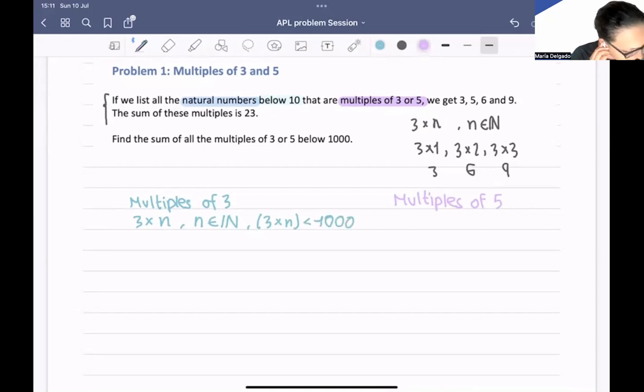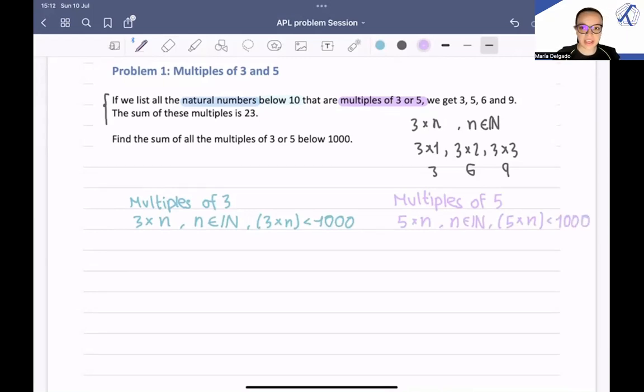And in the part of the 5, the multiples of 5, we have the same: 5 times n, with n in natural numbers, and the multiplication itself needs to be lower than 1000.